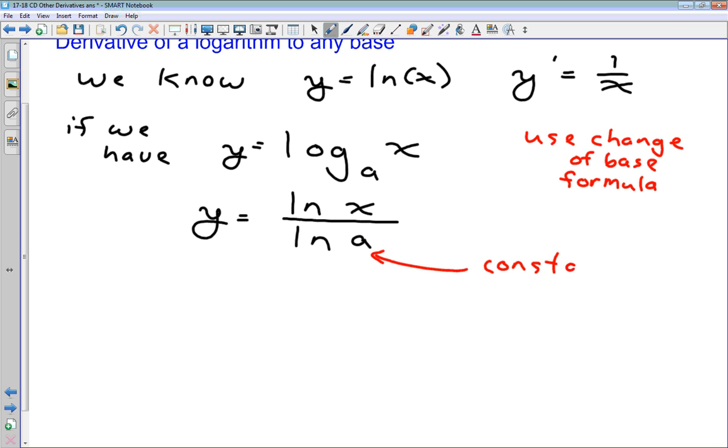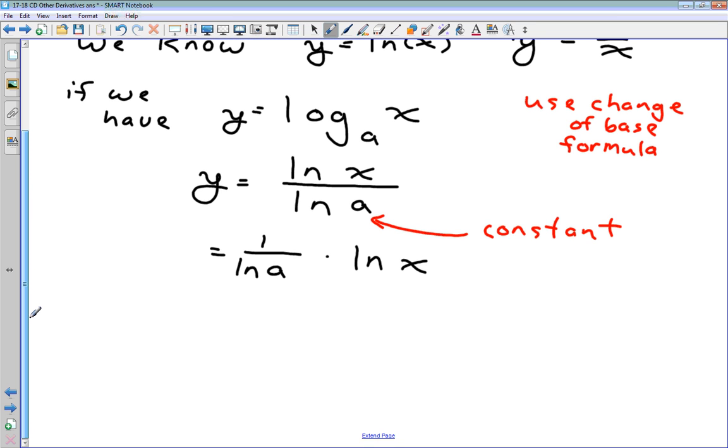So to make this a little easier to take the derivative of, let's rewrite this to pull that constant out in front. So we've got 1 over ln a. ln a is just a number, so 1 over ln a is just another number, times our function here, which is ln x. Now let's take the derivative here.